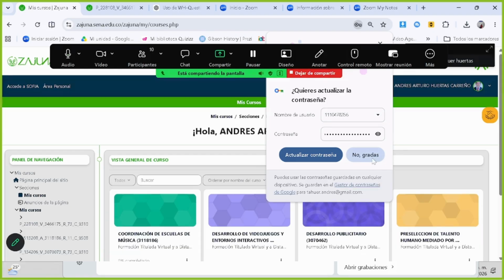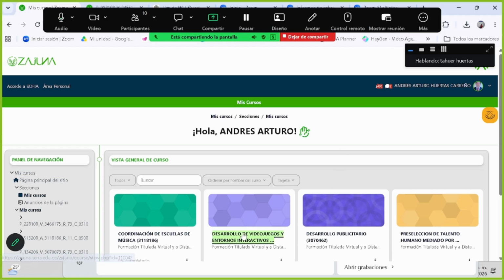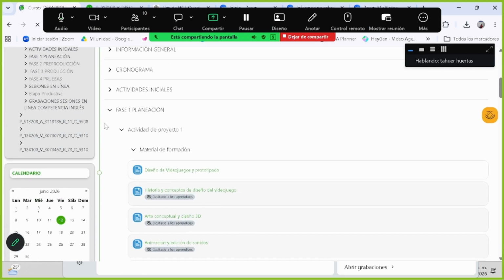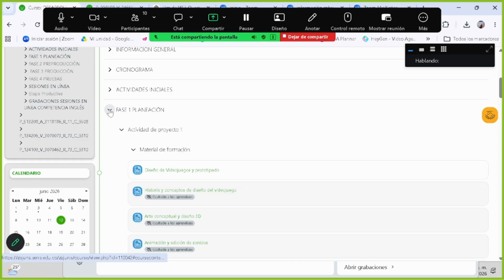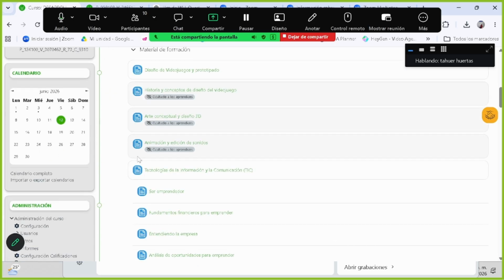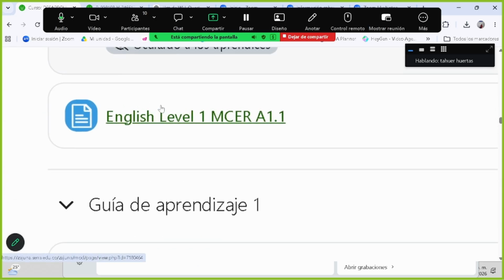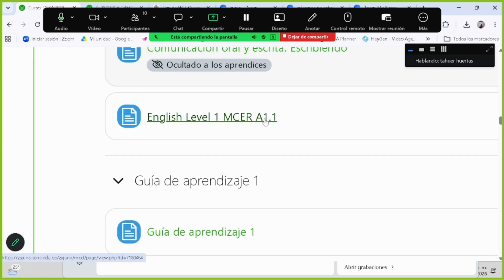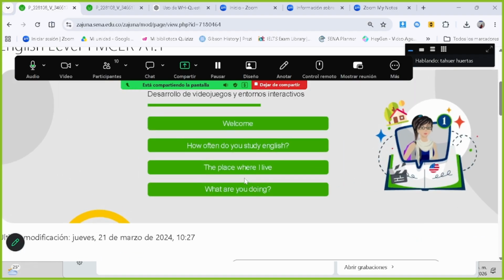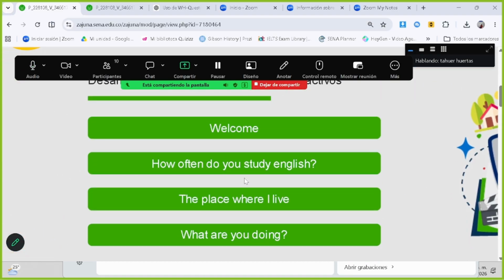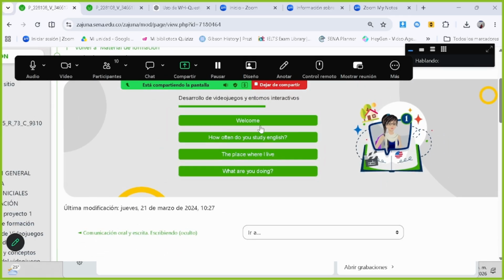Okay, so you enter Saguna. You go to your program, desarrollo de videojuegos y entornos interactivos. You go to the part fase 1, planeación. Actividad de proyecto, material de formación. English Level 1, Marco Común Europeo A1.1. Click on this part, and here you can see the 4 topics. Welcome, how often do you study English, the place where you live, and what are you doing?